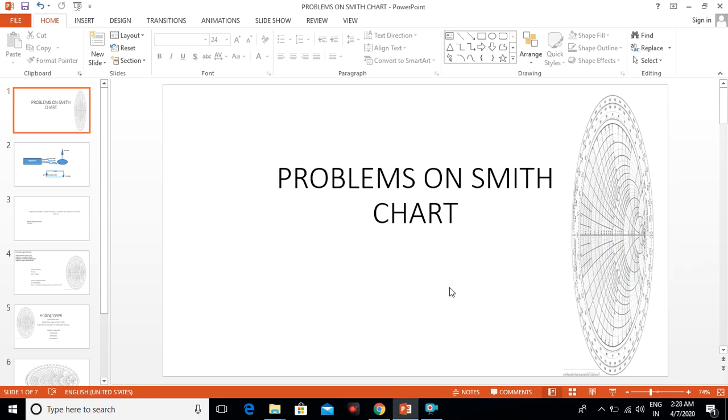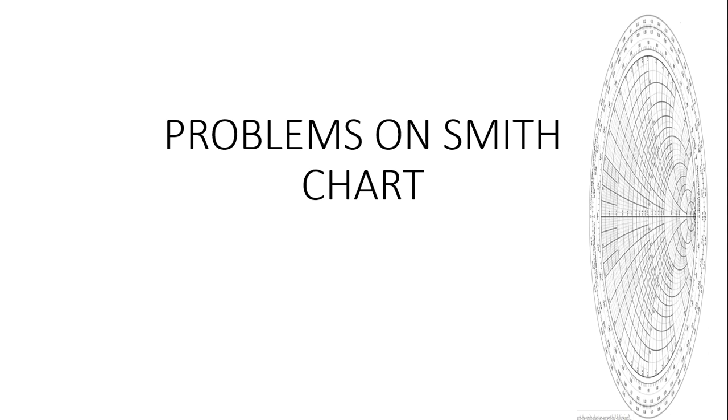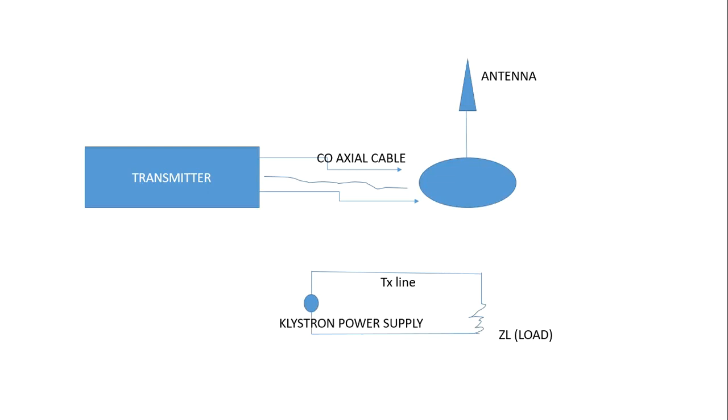Problems on the Smith chart. In the previous two lectures, we understood how we can utilize the Smith chart as a tool to solve transmission line problems. Let me brief you on what we had studied. I have taken a simple case: a transmitter, an antenna, and a coaxial line in between.